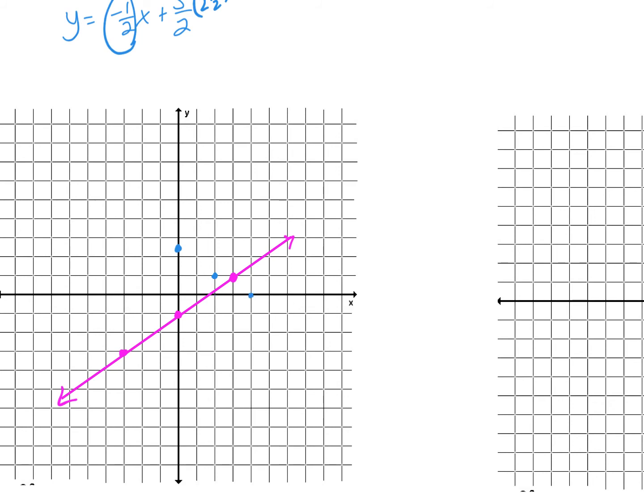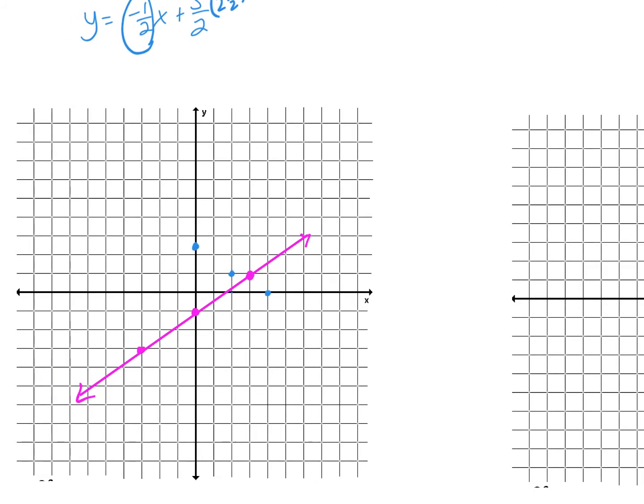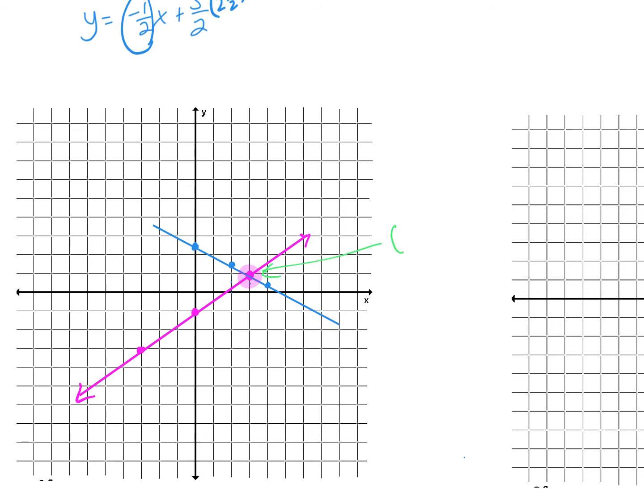Sorry, hang on. Down 1 is here and right 2 is here. Down 1 and right 2 is here. And then connect those points. This crossing point, or point of intersection, is my solution, which would be 3, 1.